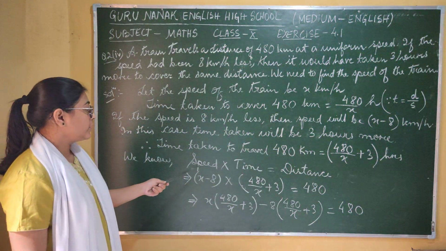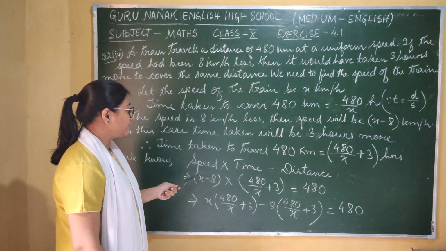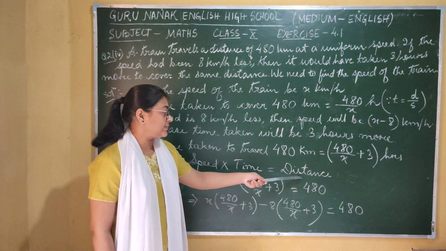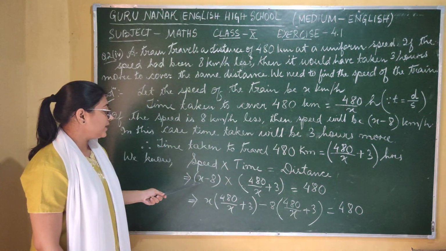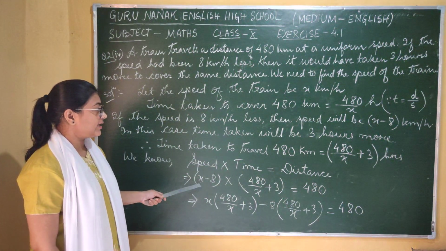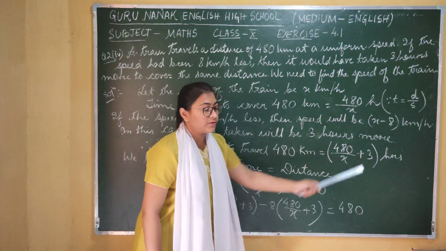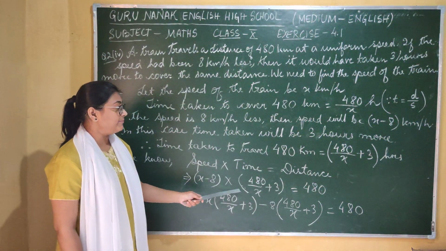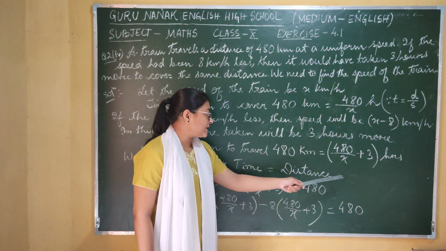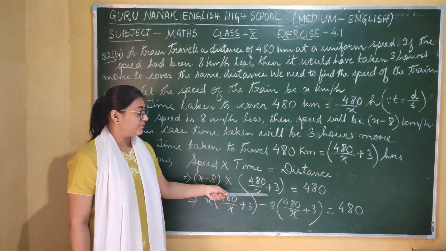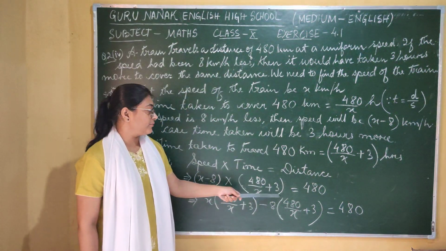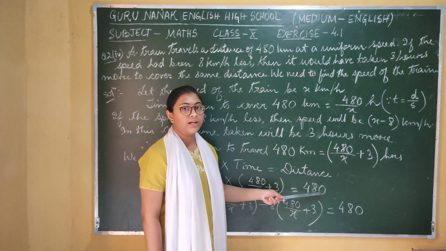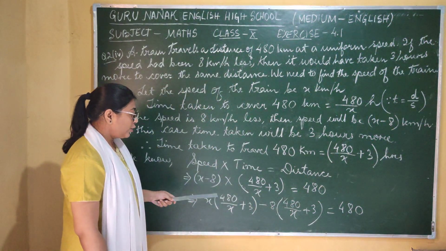Now we know that speed into time is distance. Now in place of speed, we will write x minus 8. We have already found x minus 8 into time. We have 480 by x plus 3. So here we have written x minus 8 into 480 by x plus 3 equals to, distance is 480. Now we will open up the bracket.